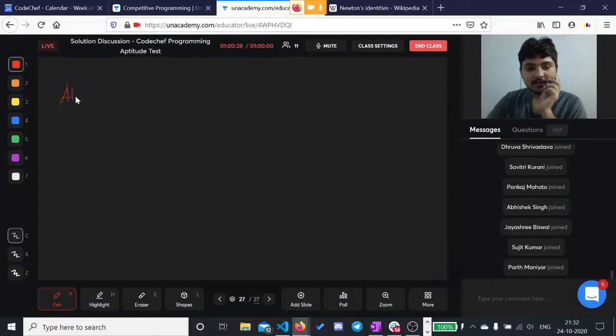Alice and Bob are playing a game, and there is a number x, let's say, and they take turns playing. So Alice plays first, then Bob plays, then Alice plays, then Bob plays, etc. In each turn they are allowed to add any integer from 1 to y.